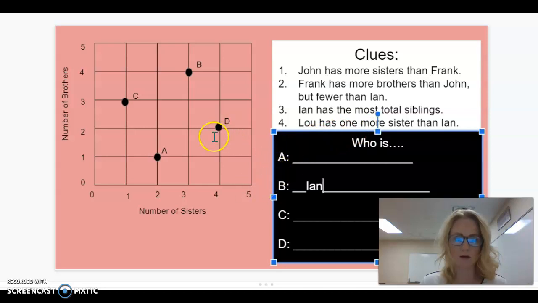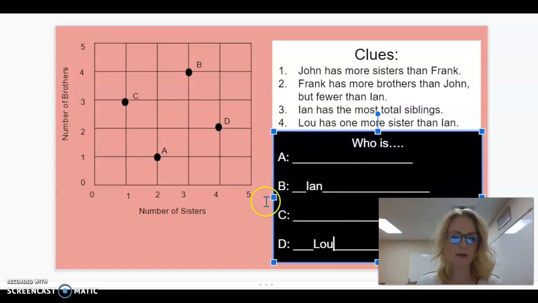Okay, so this one, so D must be Louis. Right? So that leaves A and C, and John and Frank.